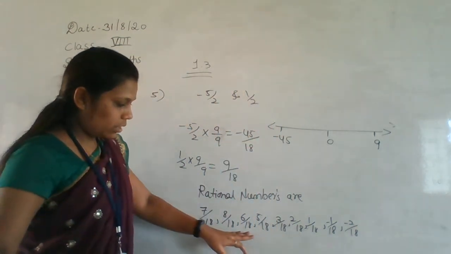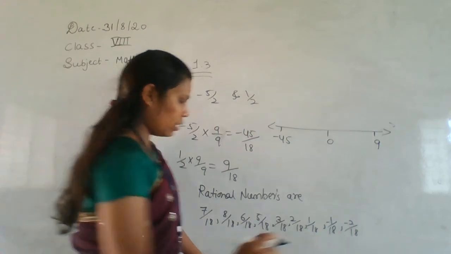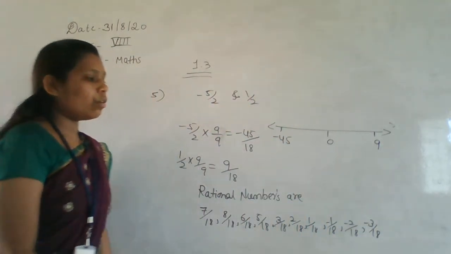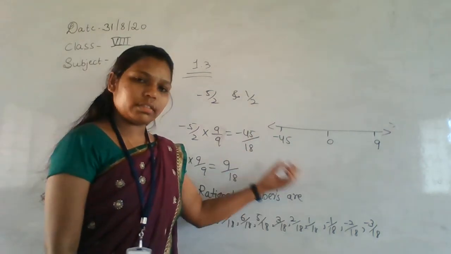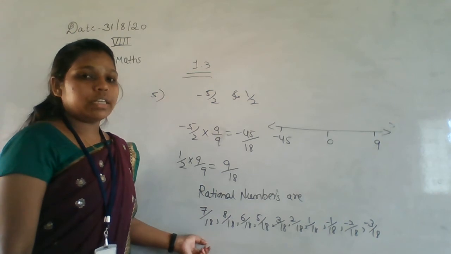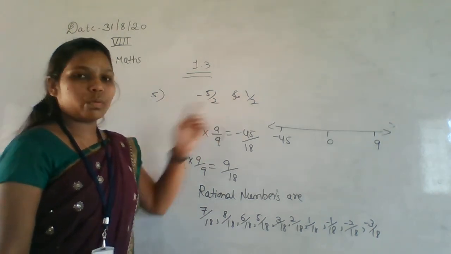Okay, we have written 10, I hope. 6, 9, okay, one more we have to write. Minus 3 by 18. Okay, if you want to write minus values here, then you can write those also correctly. Okay, so these are the 10 rational numbers that lie between minus 5 by 2 and 1 by 2.